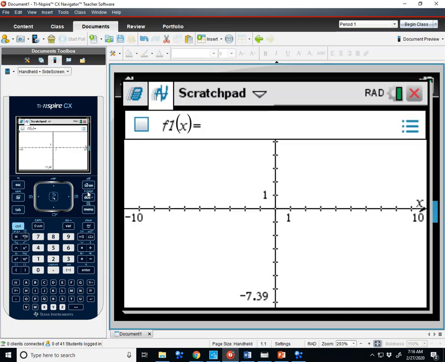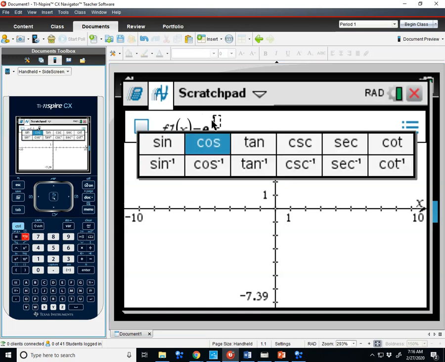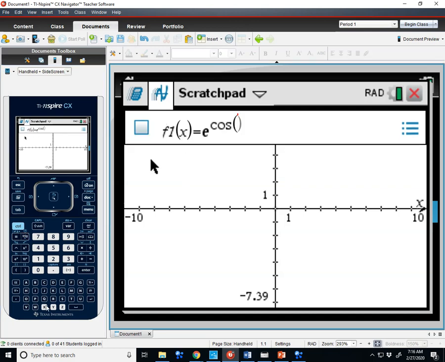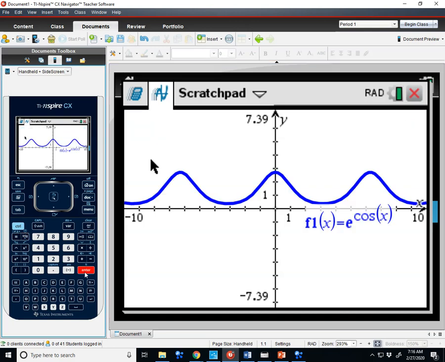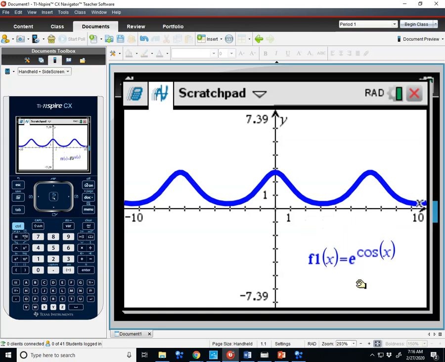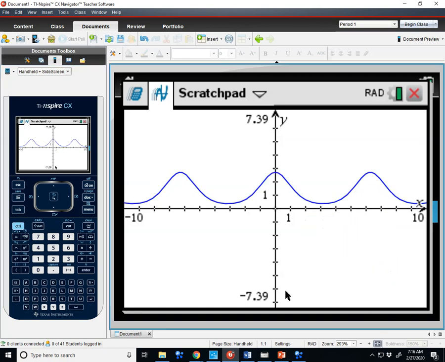I'm going to go into my scratch pad and type in e to the cosine x. So it's e to the cosine, so we're putting a trig function inside of it. Oh, there you go, that looks good.